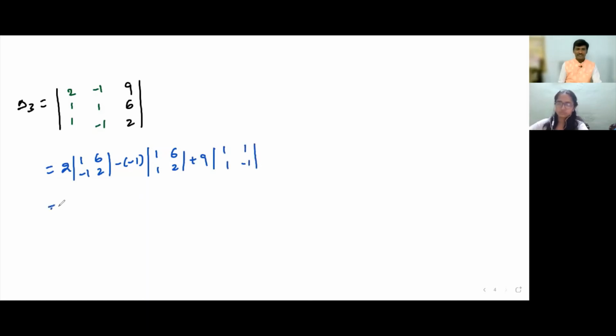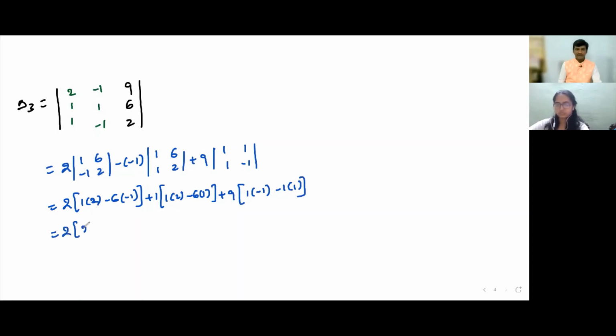This is equals to 2 into (1 into 2 minus 6 into minus 1), plus 1 into (1 into 2 minus 6 into 1), plus 9 into (1 into minus 1 minus 1 into 1).